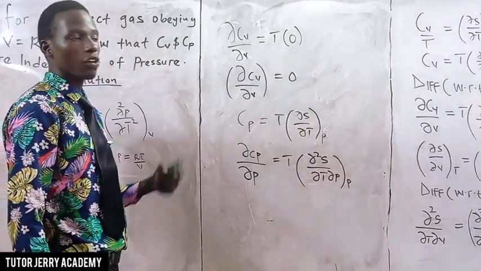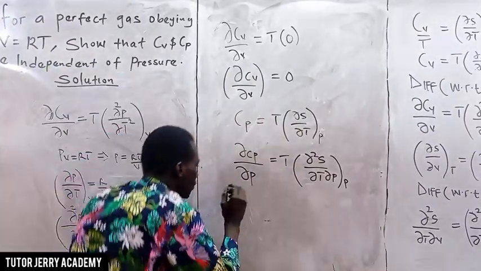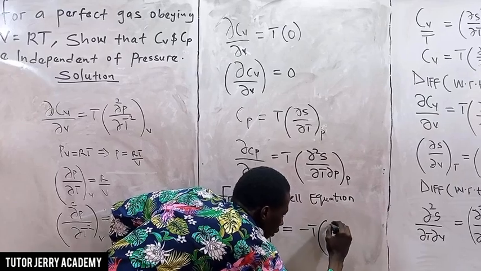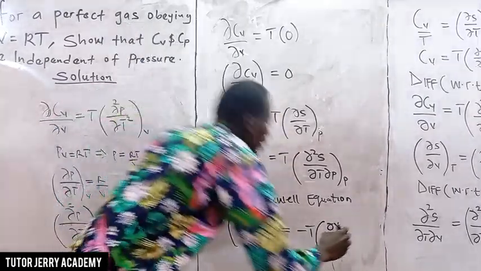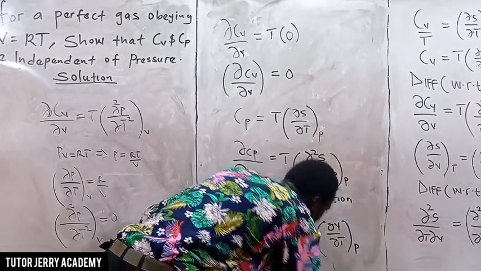Next, from Maxwell's equation, we know that the partial derivative of S all over the partial derivative of P is equal to minus the partial derivative of V all over the partial derivative of T, keeping P constant.